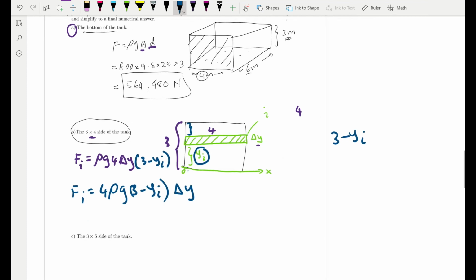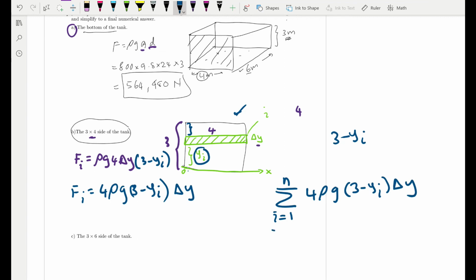Now we want to find the force on all the slices and add them up. We want to find the force on every slice and then add them up to find the force on the entire thing. If you have n slices, i goes from 1 to n, the first slice to the nth slice, and we add 4 rho g (3 minus yi) delta y.